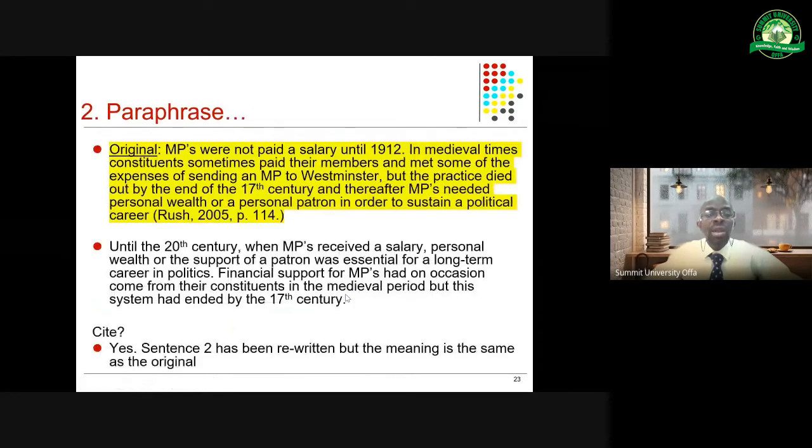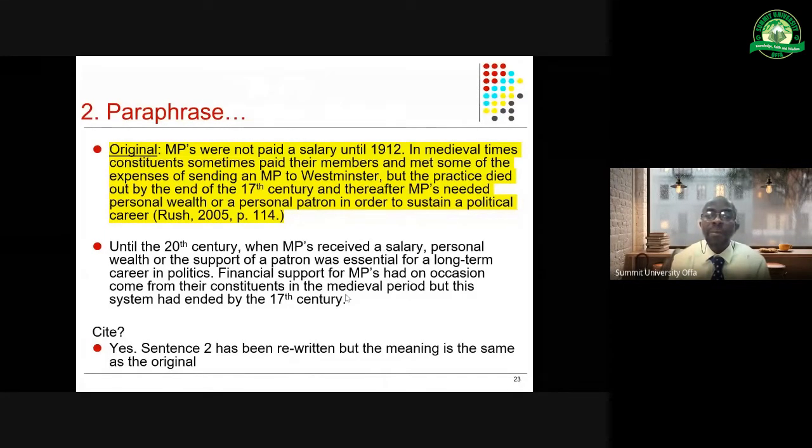But let's look at this one. This is what I want us to pay serious attention to. Let's look at the original text. Members of Parliament were not paid a salary until 1912. In medieval times, constituents sometimes paid a member and met some of the expenses of sending an MP to Westminster. But the payments died out at the end of the 17th century, and thereafter MPs needed personal wealth. That's the original idea.